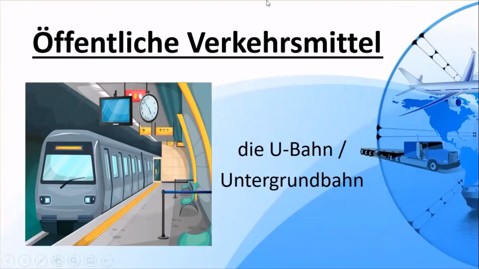Then we have another öffentliche Verkehrsmittel, which is die U-Bahn. Underground train is shortened to U-Bahn, but it is also called in its original form die Untergrundbahn.